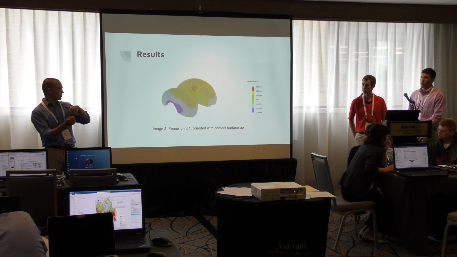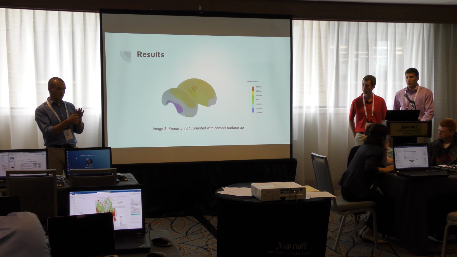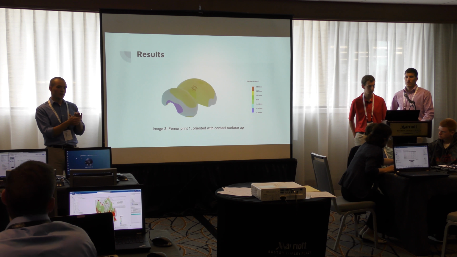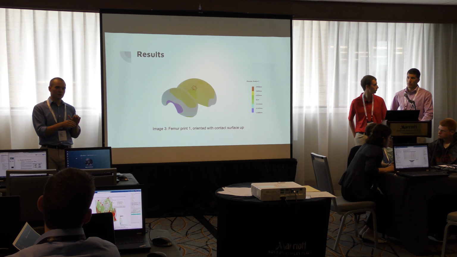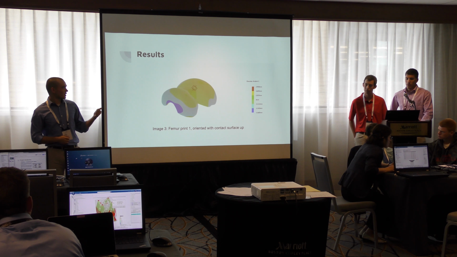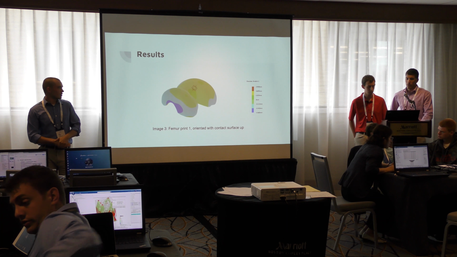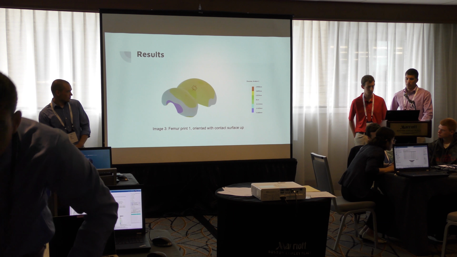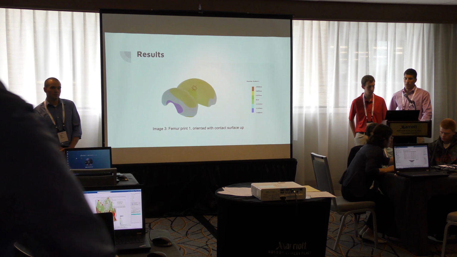The only issue here is that all of the support structure is on an internal surface, so it would be a little bit harder to remove, and any that's not removed is directly contacting the patient's bone. We did find that the deviation analysis here gave us just under 1 millimeter of deviation.